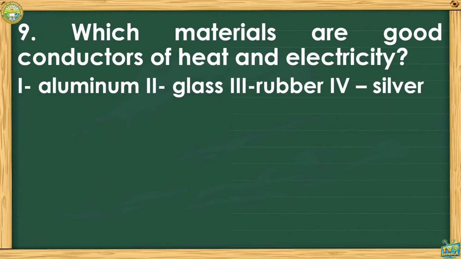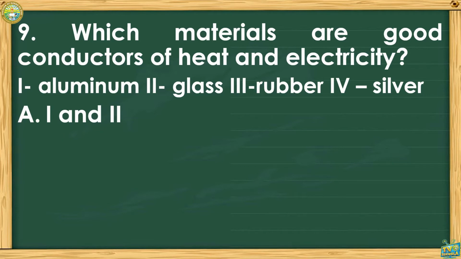Number 9. Which materials are good conductors of heat and electricity? 1. Aluminum. 2. Glass. 3. Rubber. 4.